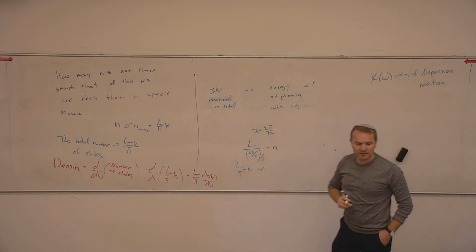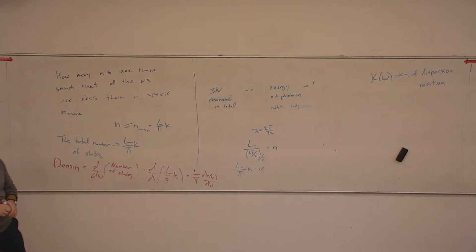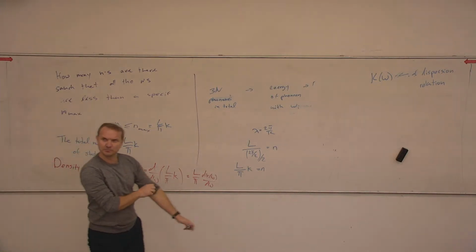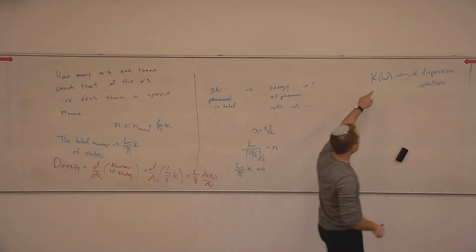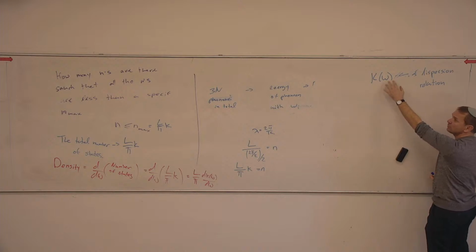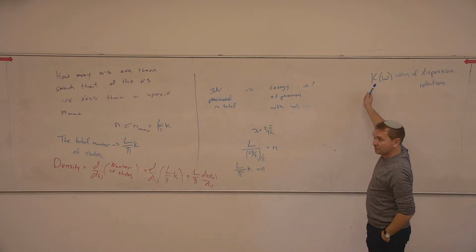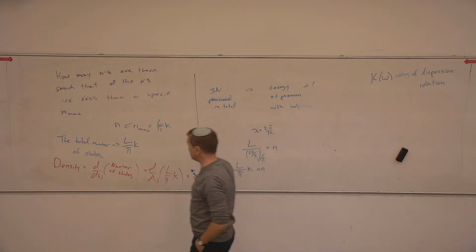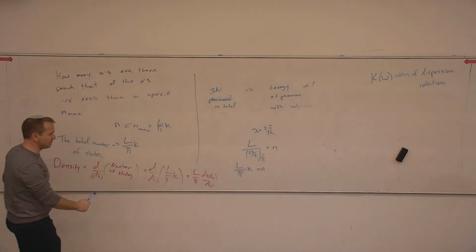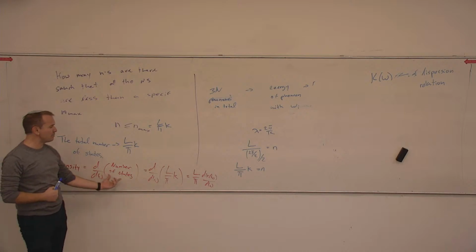So you see the way Debye looked at it, he said, well, if I know the dispersion relation for a given material, let's think that I have knowledge about how the magnitude of the wave vectors inside a given material are related to the frequency of the oscillations. If I know this k of omega, I can go backwards, at least for a one-dimensional system, and the only thing I need to do is count the number of states.